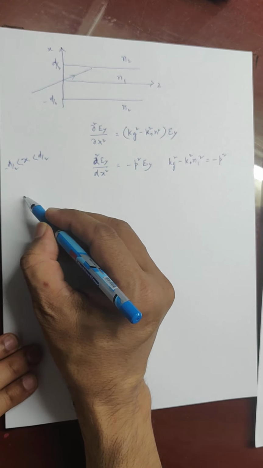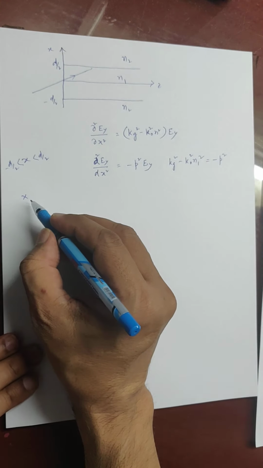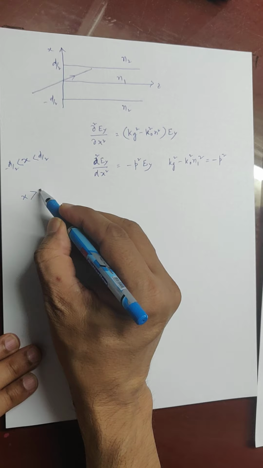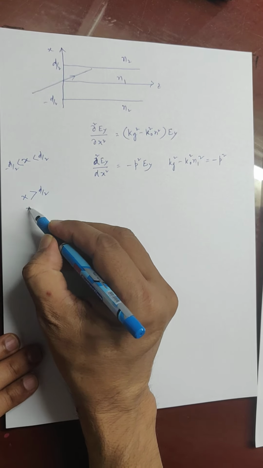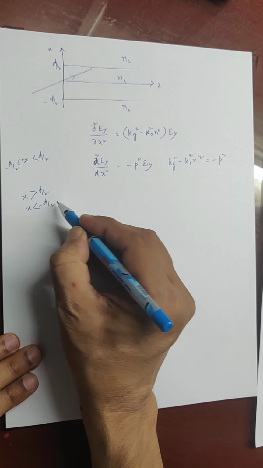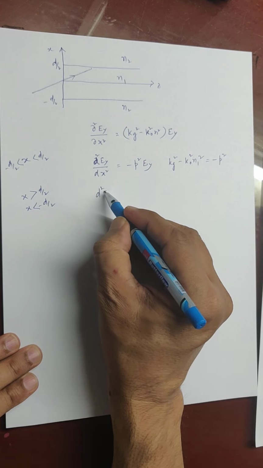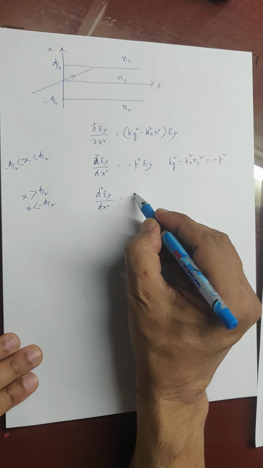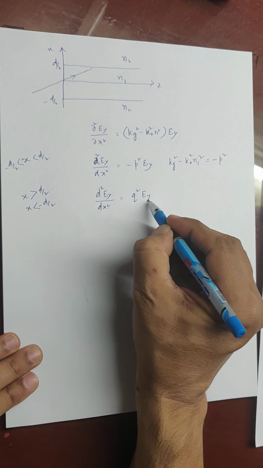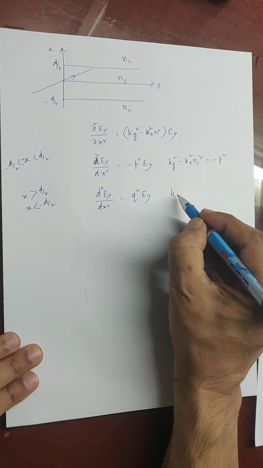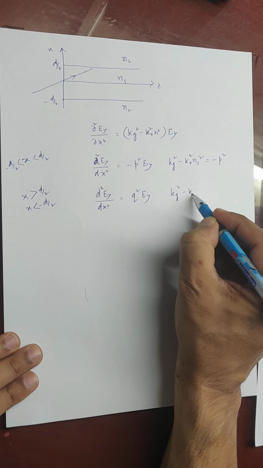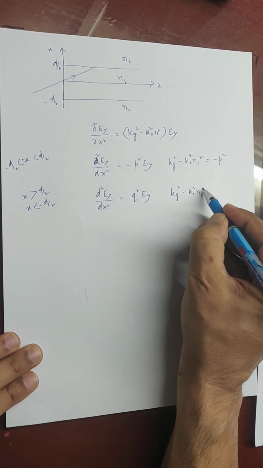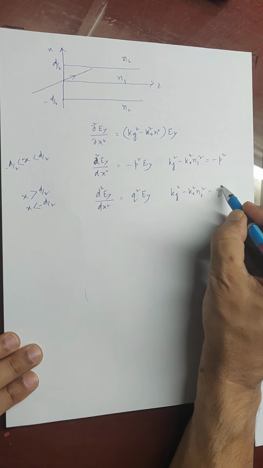And for the other two regions, that is when x is more than d by 2 or when x is less than minus d by 2, the equation becomes d2 Ey by dx2 is equal to q square Ey, where kg square minus k naught square n2 square is equal to q square.